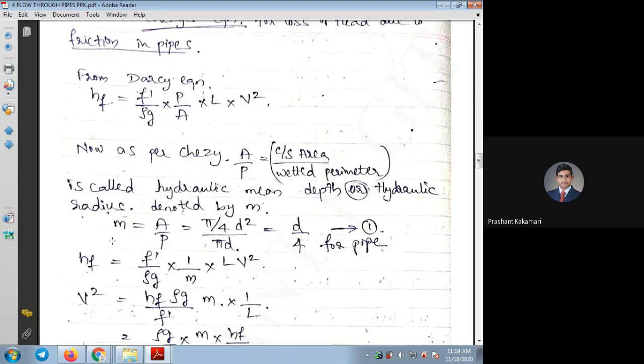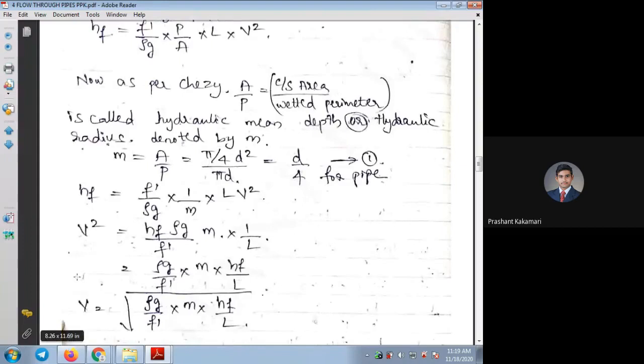Next, he put that m term in the equation, so it became f dash by rho g into, earlier it was P by A. If I substitute here, it will be 1 by m, because m is A by P, into L v square. Next, he took v square outside, because Chase wants to find out velocity from the Darcy-Weisbach equation.